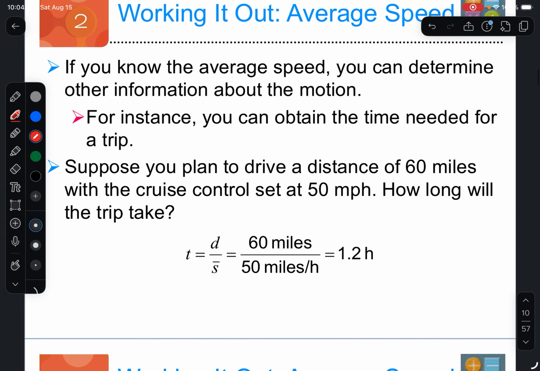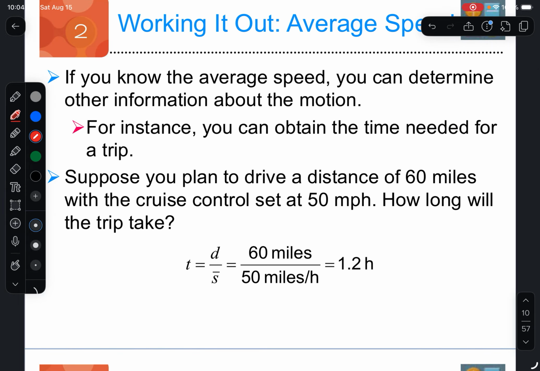Okay, so if we know the average speed, we can also take that formula and solve it for the other variables. So we could find the time needed for a trip. I have the formula shown for solving for time, but let's go through how we got that.